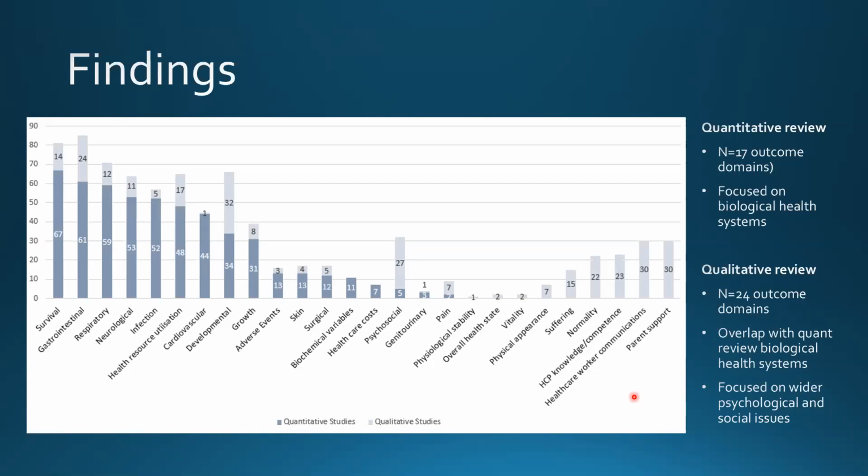For the quantitative studies, you might have blood pressure and pulse and desaturation events to indicate deterioration or improvement in an infant's condition. That would be classified under physiological stability, for example.